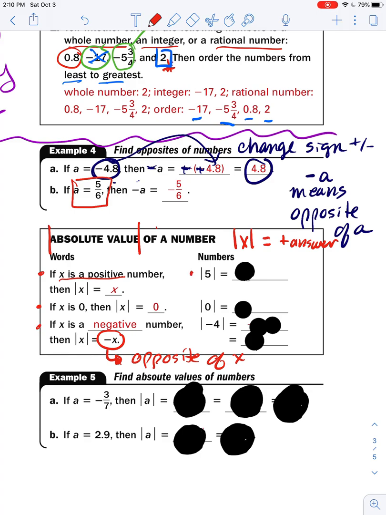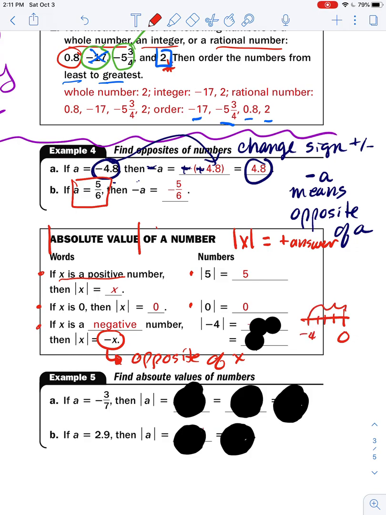So this one's asking, how far is 5 away from 0? 5 units. The second example is asking, how far away from 0 is 0? 0 units. This last one is asking, how far is -4 from 0? Well, if you were to draw out -4 on the number line, here's 0, 1, 2, 3, -4.